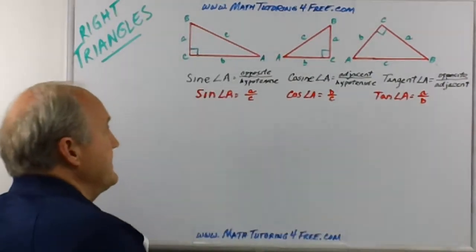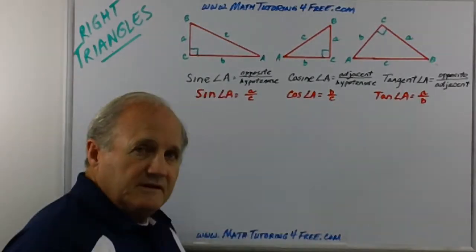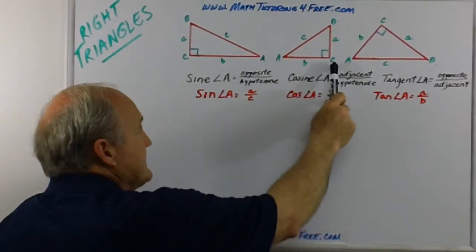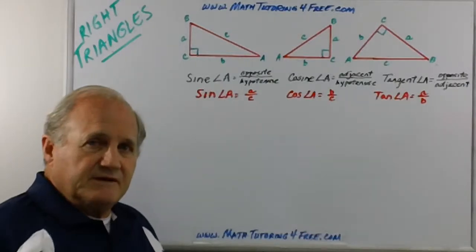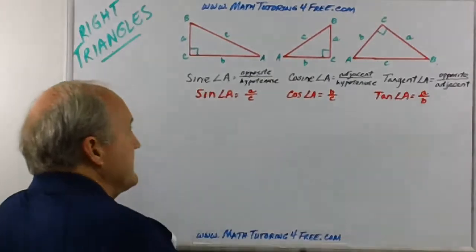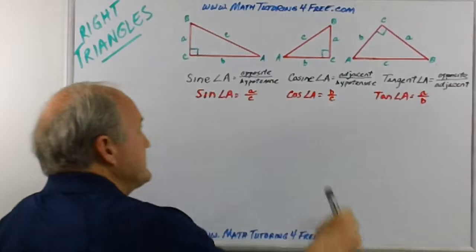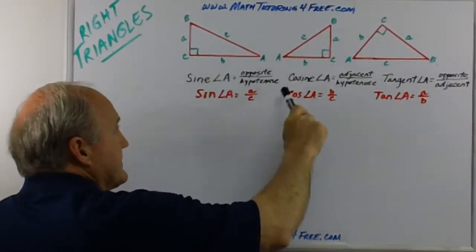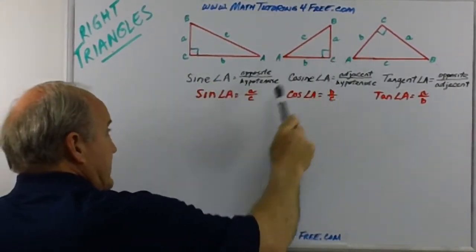You need to, first of all, if you know it's a right triangle, find that right angle, and then the convention is that the vertex at the right angle is usually C. If we label our three vertices A, B, and C, we choose C for the right angle. It doesn't really matter whether A, B, C goes clockwise or counterclockwise, but in every case here, C is the right angle.